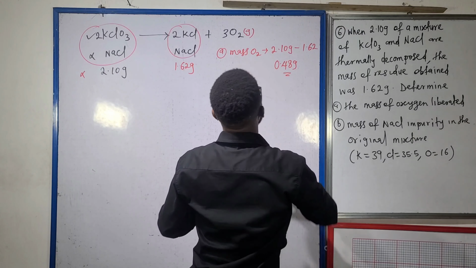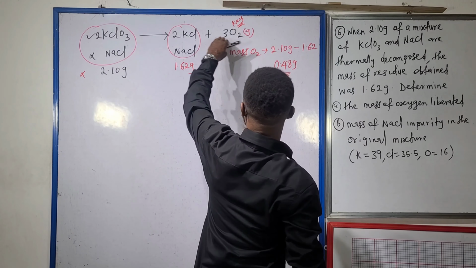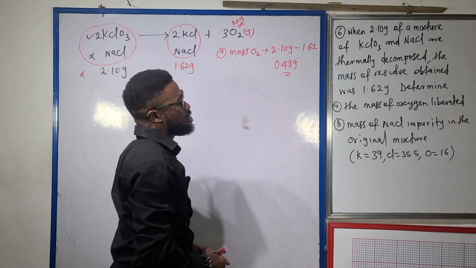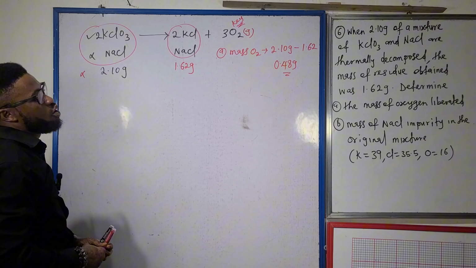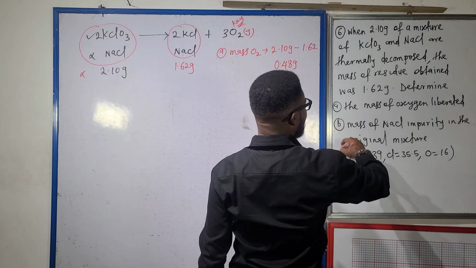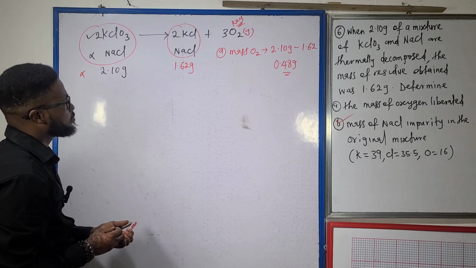So invariably, this is even looking like our key because it is from a balanced chemical reaction, and now we know the mass. Now B talks about calculating the mass of sodium chloride impurity in the original mixture, and I can tell you this is where the real question is.